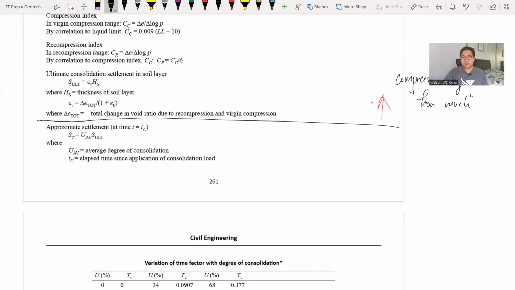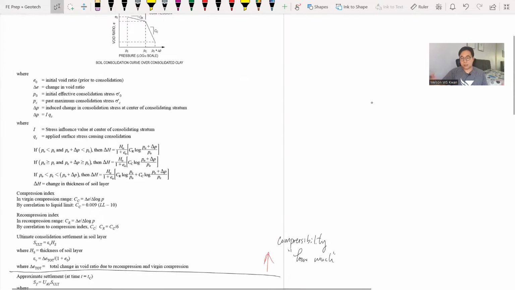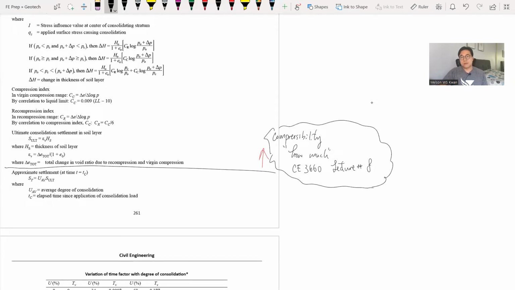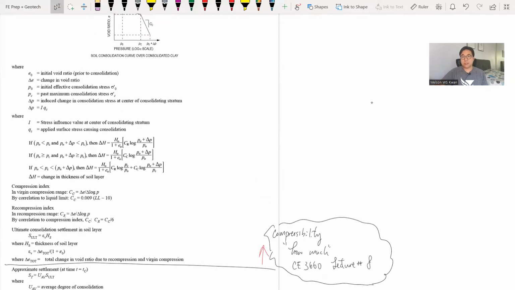And a good reference for this portion of engineering concept is to go back to my CE 366 lecture number 8. So that will talk about in much more detail the theories of how the compressibility of clay, or primary consolidations of clay, take place.